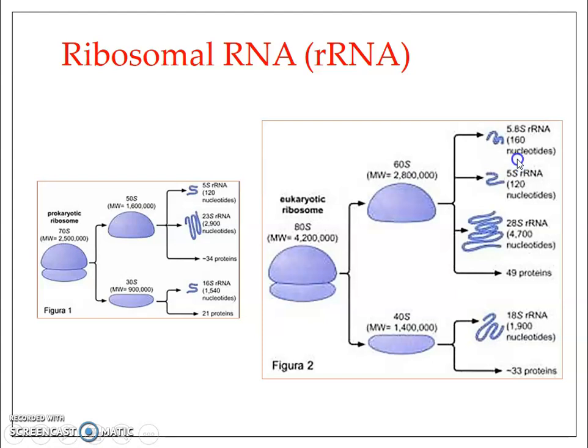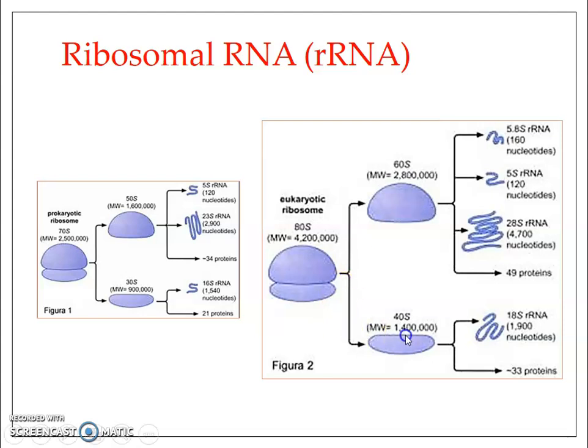The three kinds are 5S rRNA of 120 nucleotides, 5.8S rRNA of 160 nucleotides, and 28S rRNA of 4,700 nucleotides. These three rRNAs complex with the ribosomal proteins to constitute the 60S larger subunit of the eukaryotic ribosome.